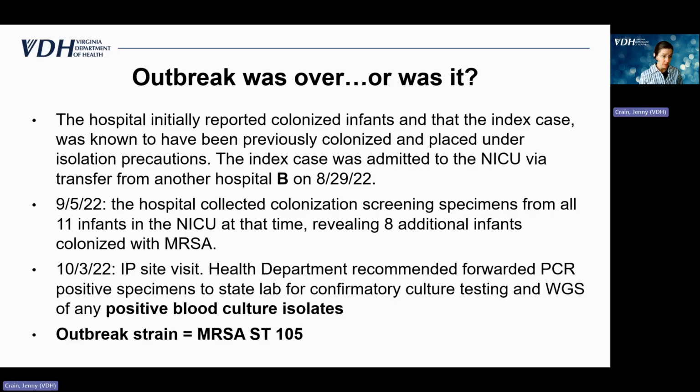Another IP site visit was scheduled by the health department on October 3rd, and the health department recommended forwarding PCR positive specimens to the state lab for confirmatory testing and WGS of any positive blood culture isolates. And again, for outbreak B, the MRSA sequence type was identified as 105. So this outbreak strain persisted.